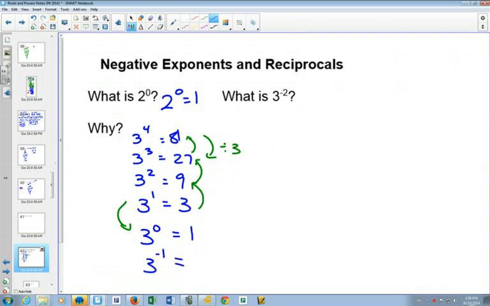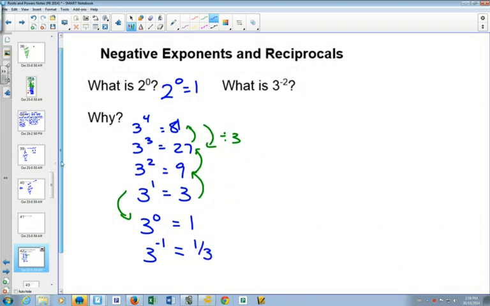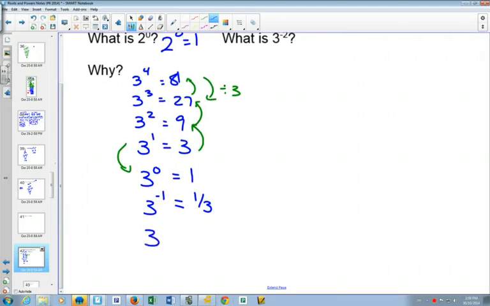Did you guys do negative exponents last year? A little bit. What is 3 to the negative 1? Well, if you take 1 and divide it by 3, you get 1 divided by 3. And if you keep going and do 3 to the negative 2, dividing by 3 again would give you 1 over 3 squared, which is 1 over 9.